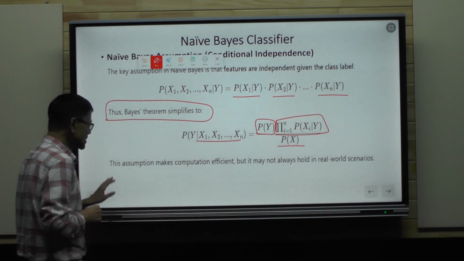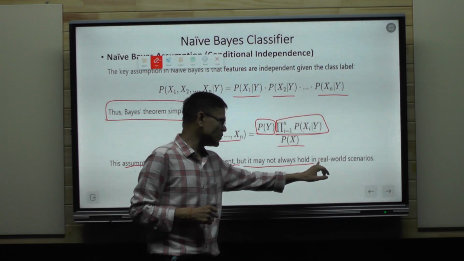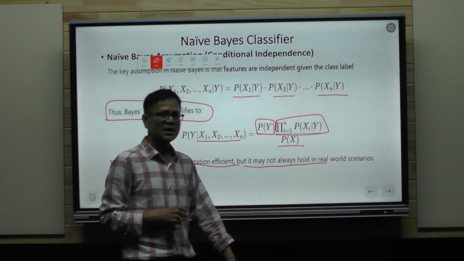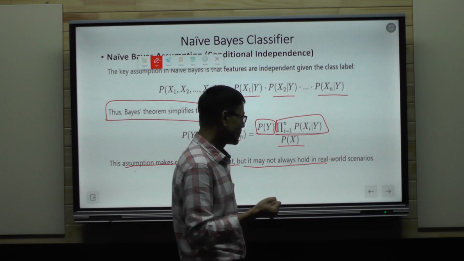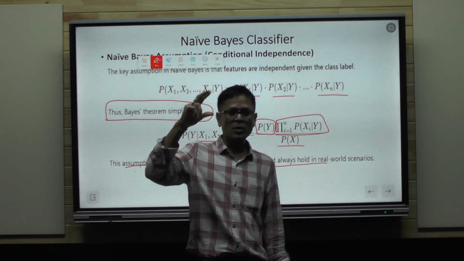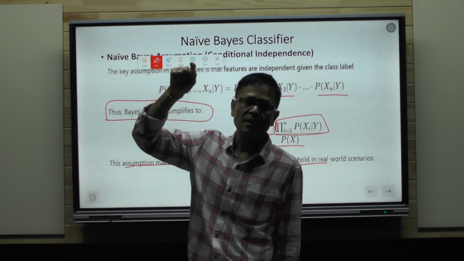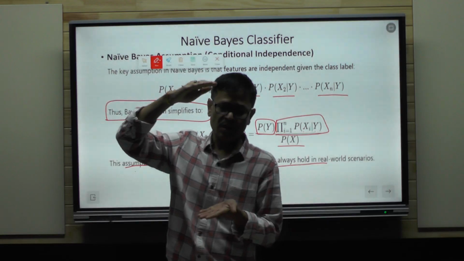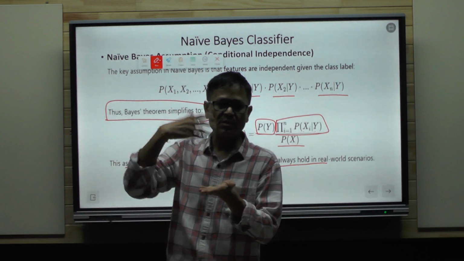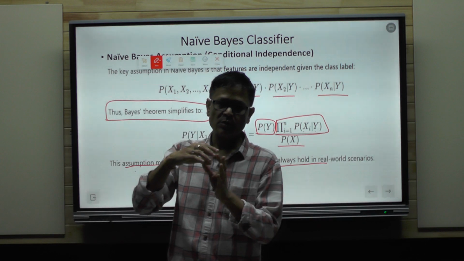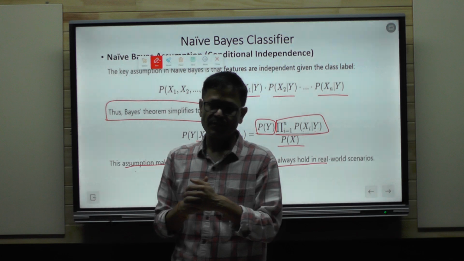Okay. So this assumption makes the computation efficient, but it may not always hold in real world scenarios because there is some kind of a linkage between feature 1 and feature 2. If your height is more, your body weight is likely to be on the higher side, because the length of the bones is high, so obviously the mass will be high, and if the mass is high, that means weight can be high.